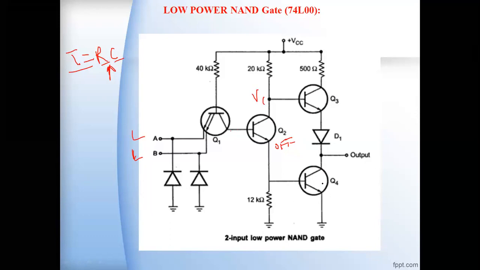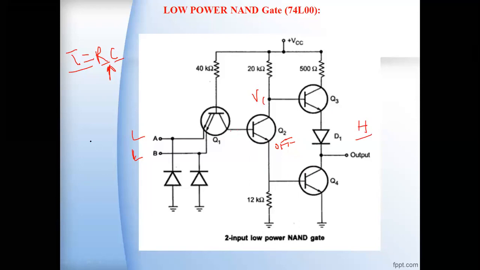Because the base of the Q4 is connected to the emitter, and the transistor Q2 is in the off state. Therefore, there will not be any current in the emitter IE. So the transistor Q4 is off here. When the transistor Q3 is turned on, it pulls up the output voltage to the high state.